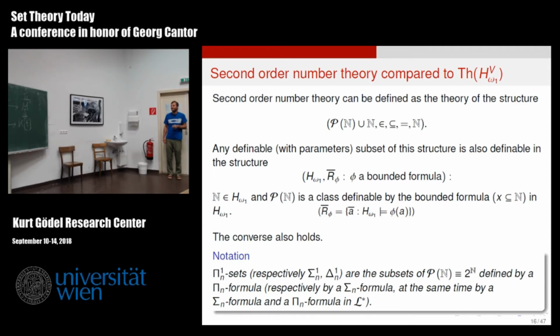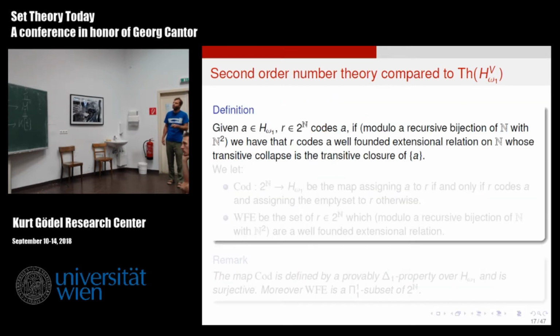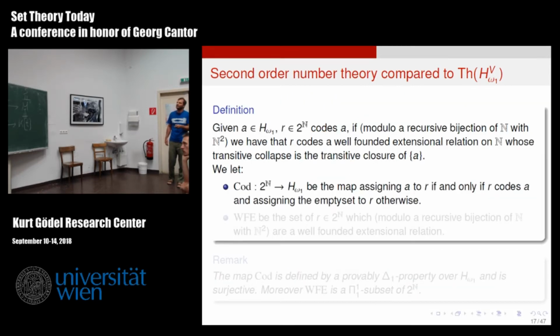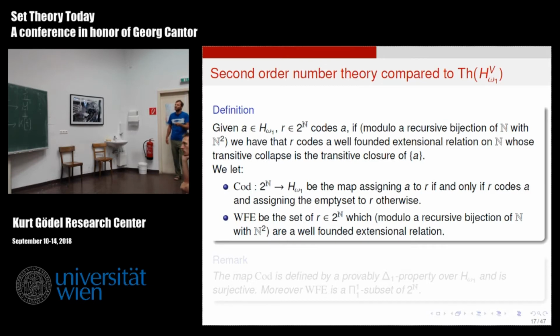And also the converse holds, but now you have a switch of quantifiers. So the Pi 1 n sets, the sets which are defined by a Pi n formula in this structure, correspond to, well, this is descriptive set theory.